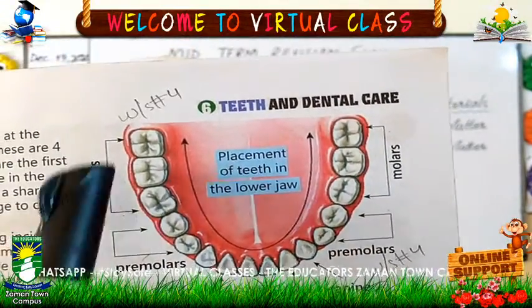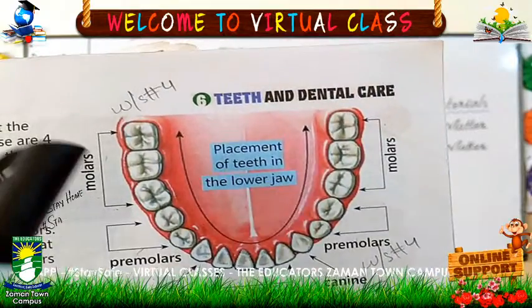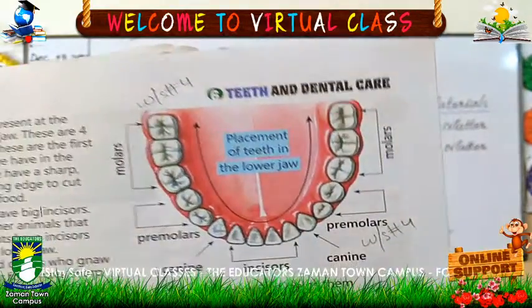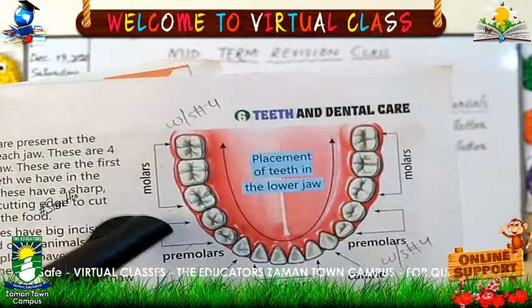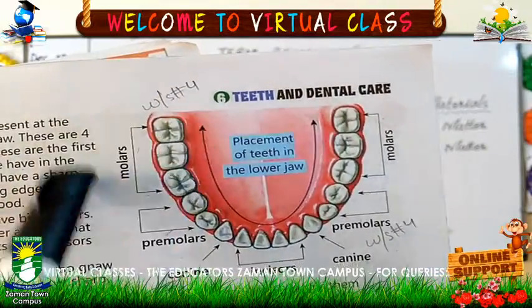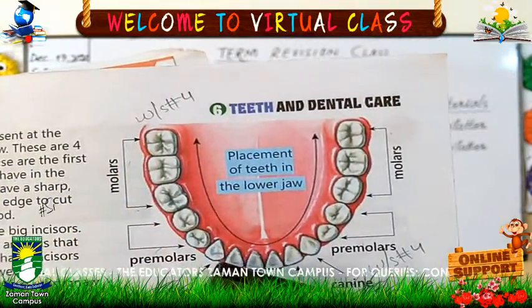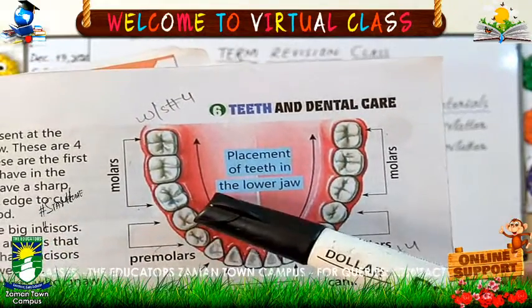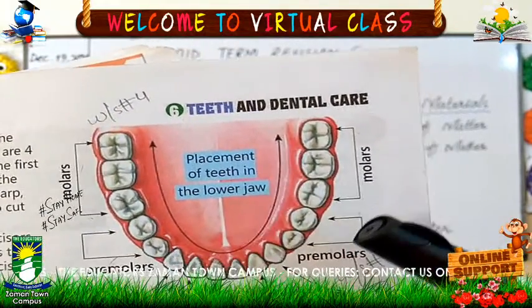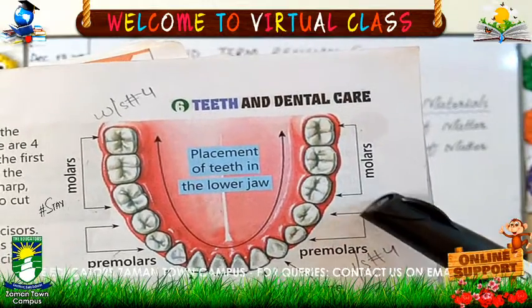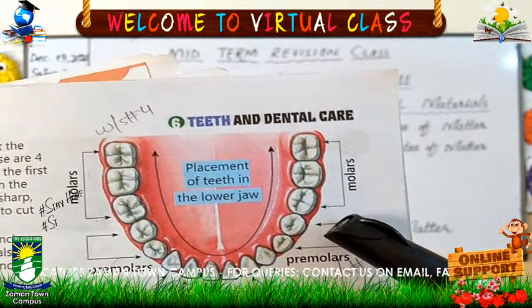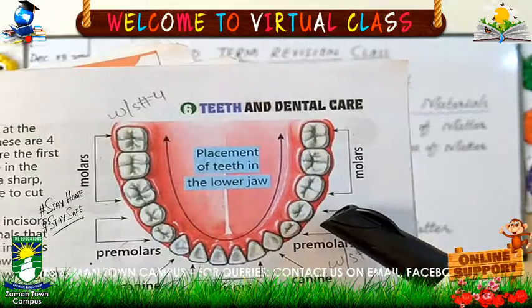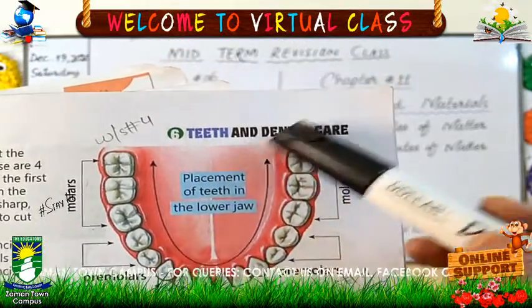We have premolars and molars. Premolars and molars are found at the back and side of the jaws, and they break up the food into smaller pieces. They grind the food into very tiny particles so that it is easy for us to swallow.